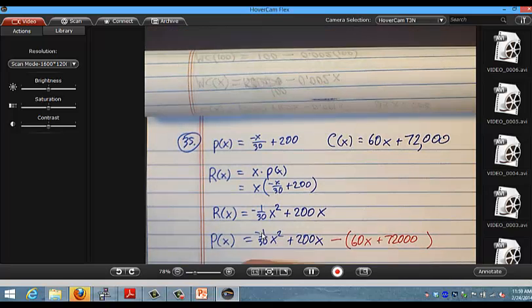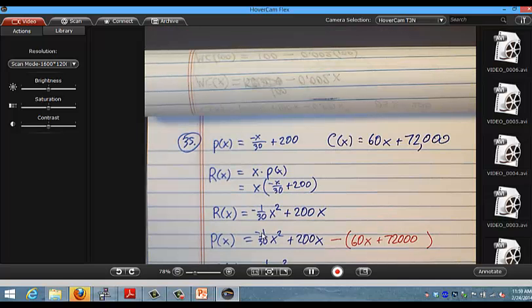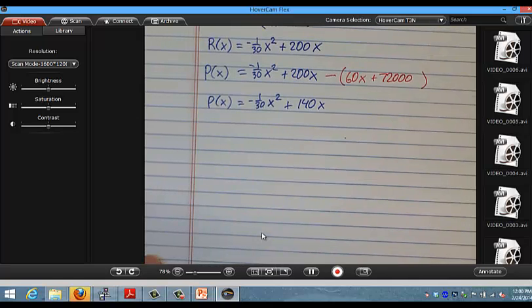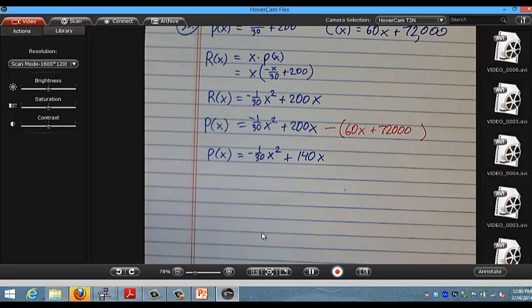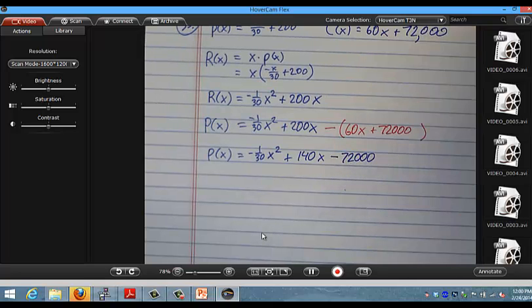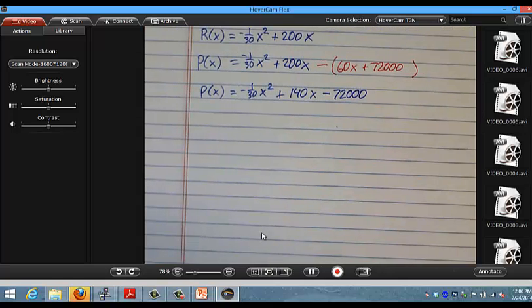So now I'll have the profit function, negative 1/30th x squared, and then what would it be? It'd be plus 140x, right? Plus 140x, and then minus 72,000. Well, that makes sense. Those are the fixed costs. So this is a $72,000 initiative, right? So that's the profit function now.